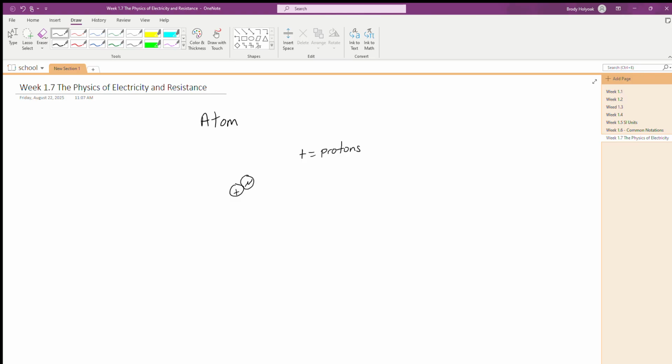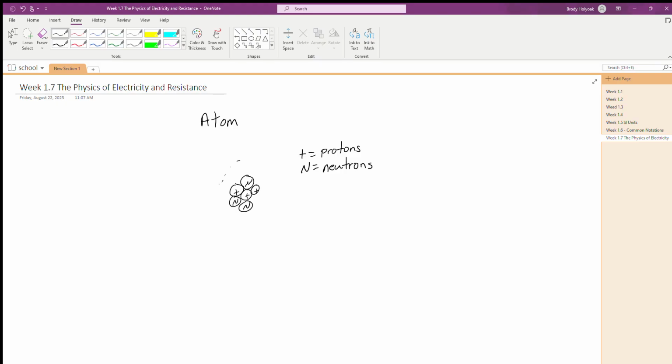So we've got neutrons, another proton, and another neutron, another proton, another neutron. So what we have here is our neutrons. Protons have a positive charge, neutrons are neutral and don't have any charge.